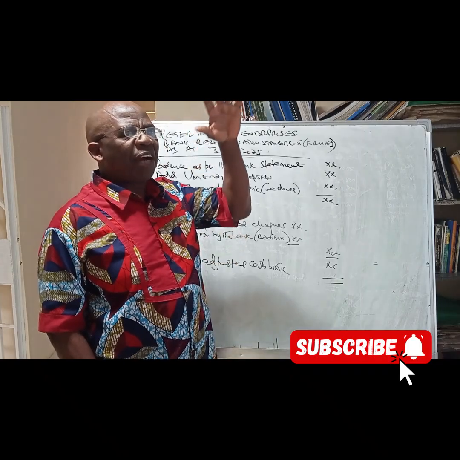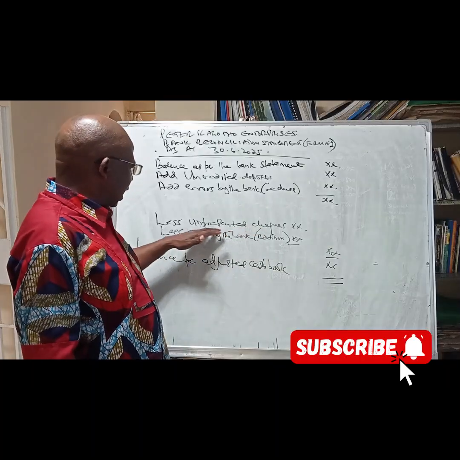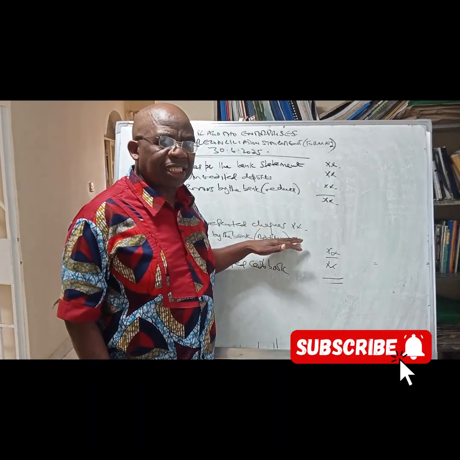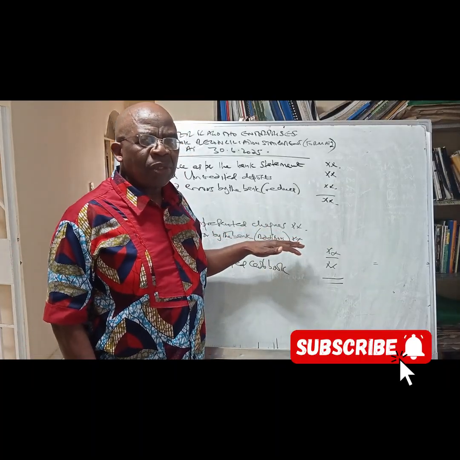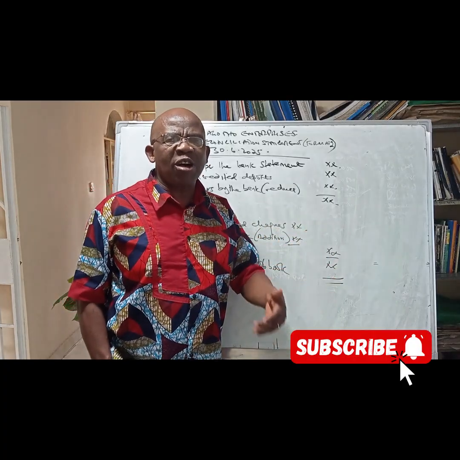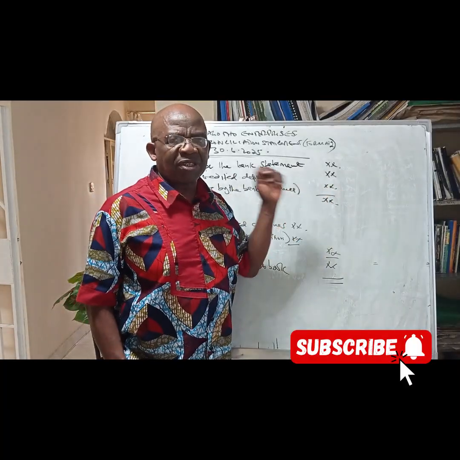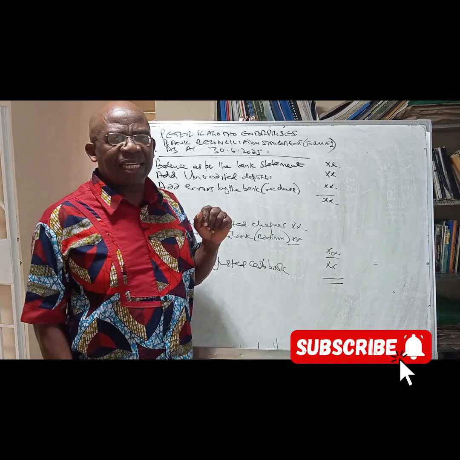So if we have deducted, let the bank deduct. So the bank is deducting unpresented checks. If we added, like the uncredited deposits, we are also adding uncredited deposits.